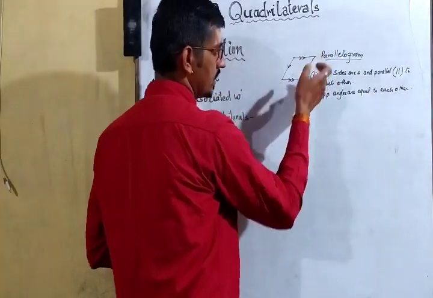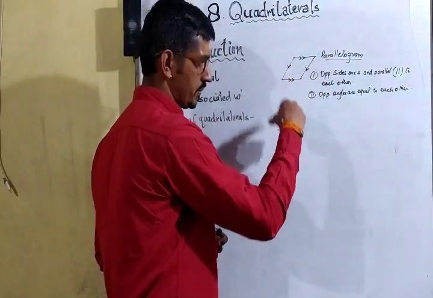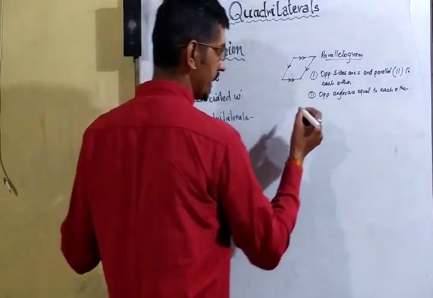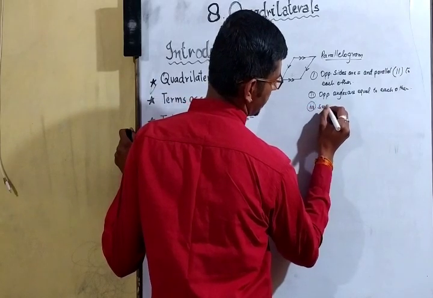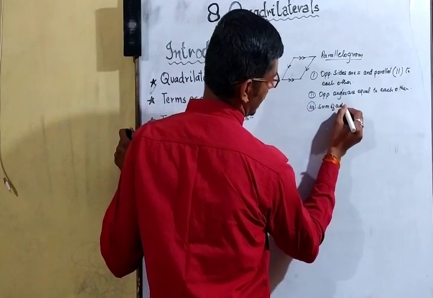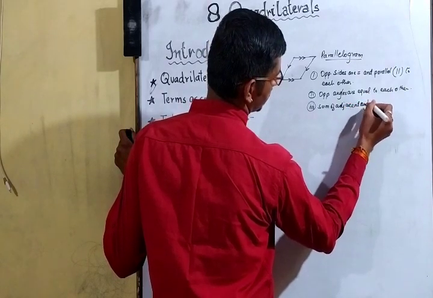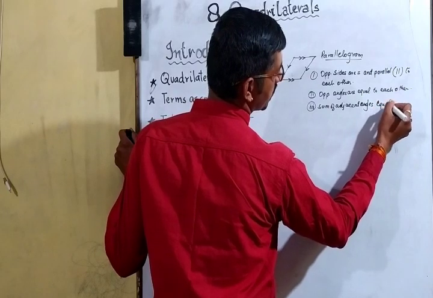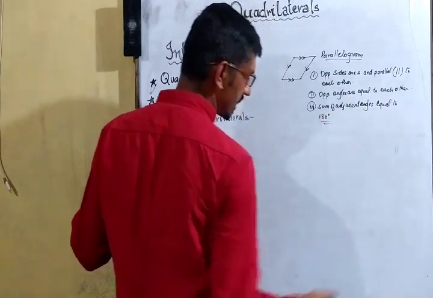This is parallel to this and this is transversal. ऐसी जो भी adjacent angle है, the sum of adjacent angle must be equal to 180 degree. The third property you can write: sum of adjacent angle equal to 180 degree. This you can write as well.